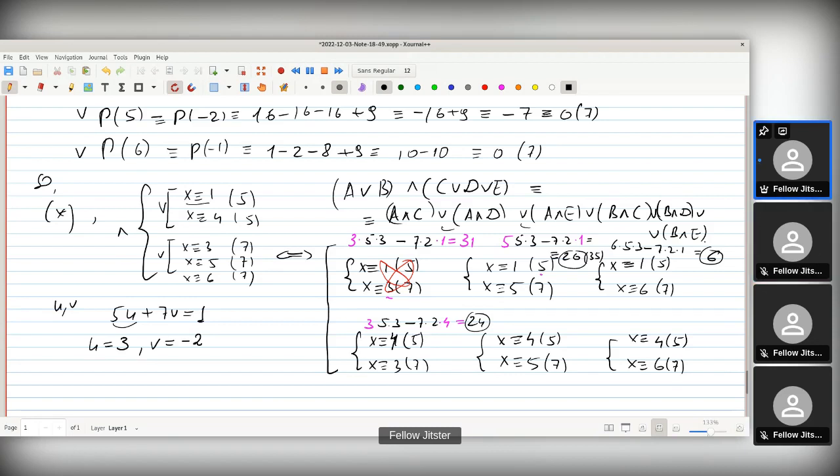So next, we shall have 5 multiplied by 5 by 3 minus 7 multiplied by 2 by 4. What is it? 75 minus 56. 19.